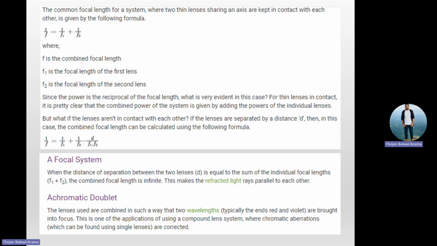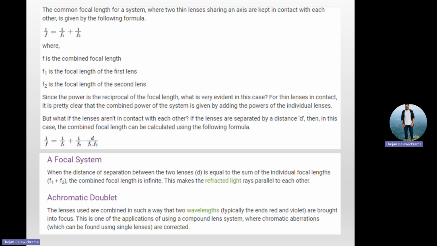Normally two wavelengths in the red and violet range are brought into focus. When red and violet are focused, this is one of the applications of using a compound lens system, where chromatic aberrations are corrected. So these are the instances of lens systems.